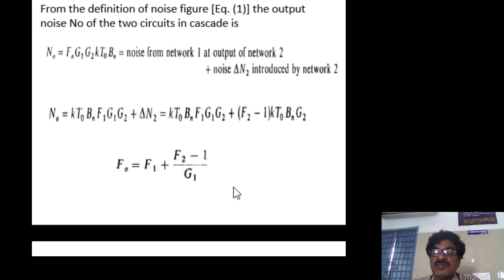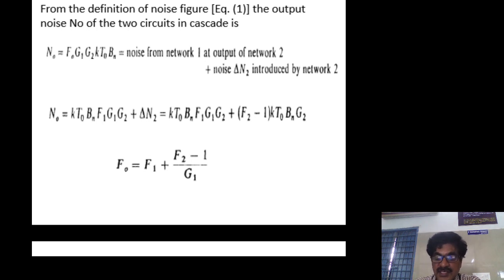Suppose the circuit consists of three stages, how can we express it? F1 plus F2 minus 1 divided by G1 plus F3 minus 1 divided by G1 G2. Similarly for four stages, the next term is F4 minus 1 divided by G1 G2 G3.